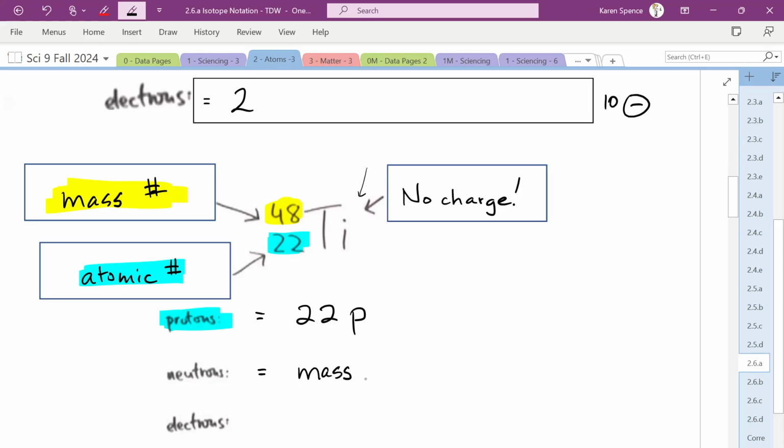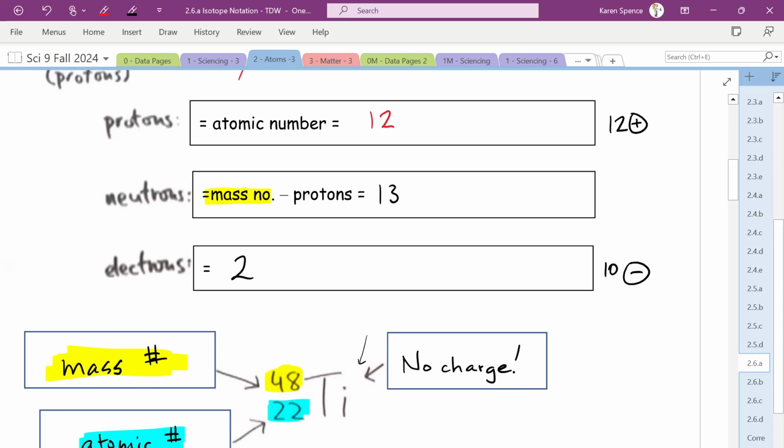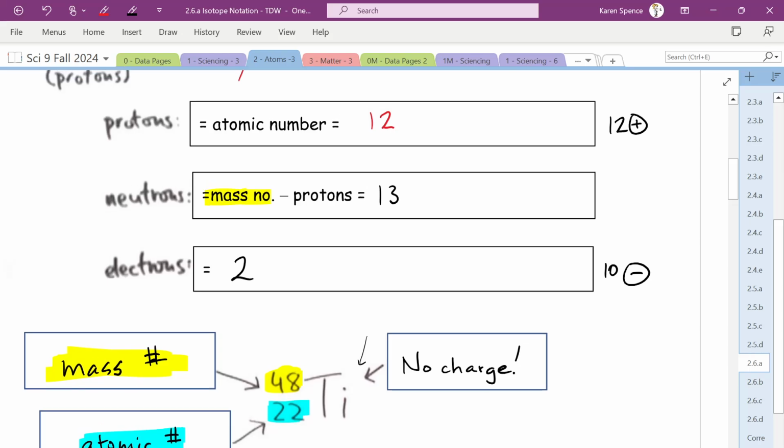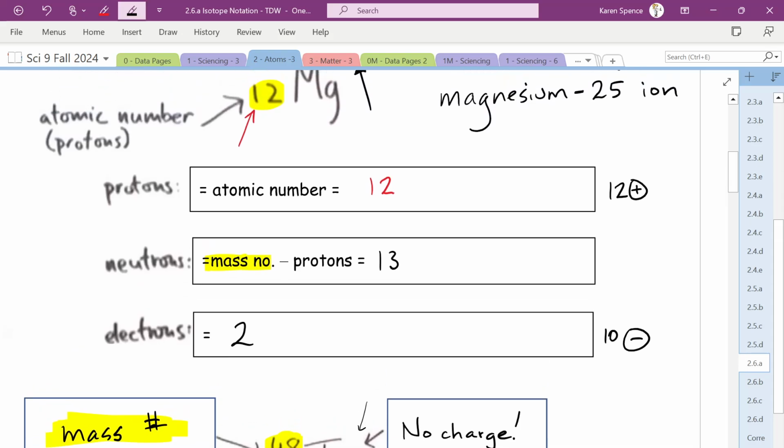Why did you only write 2 electrons? Oh, because I'm a dummy. Thank you. Everyone say thank you, Kai. Because what did I do here? I wrote what the charge was, but I didn't ask what the charge was. The question was, how many electrons do we have?